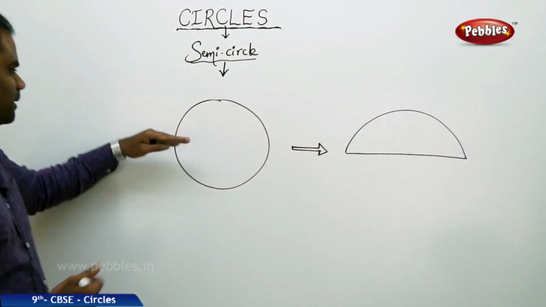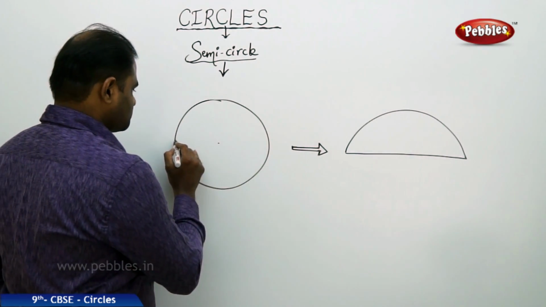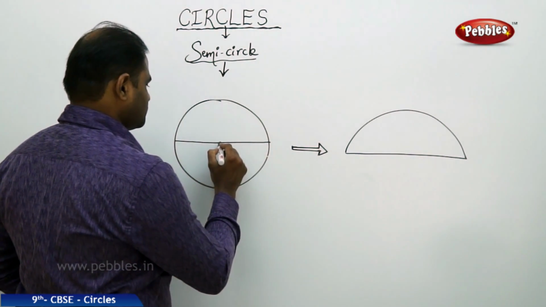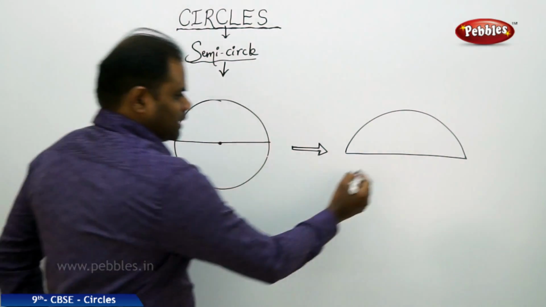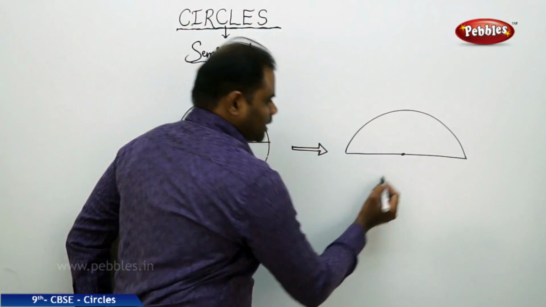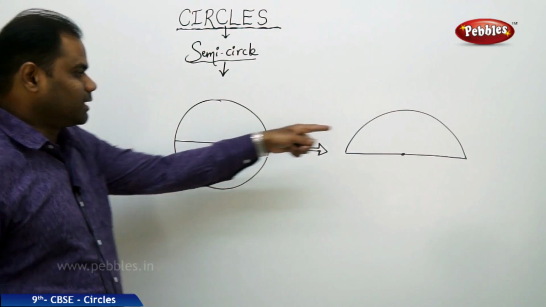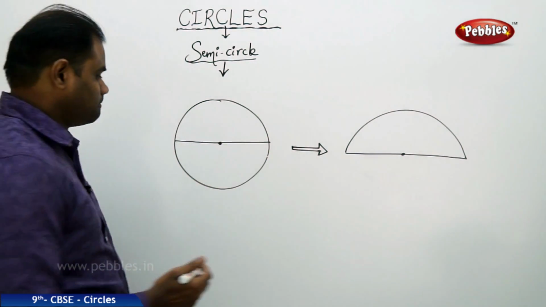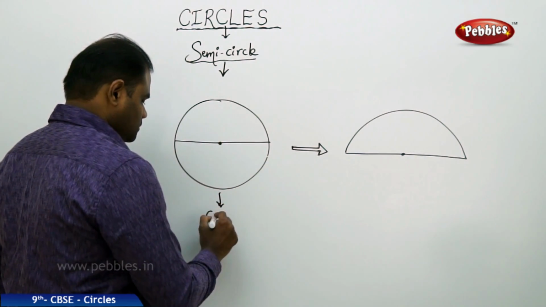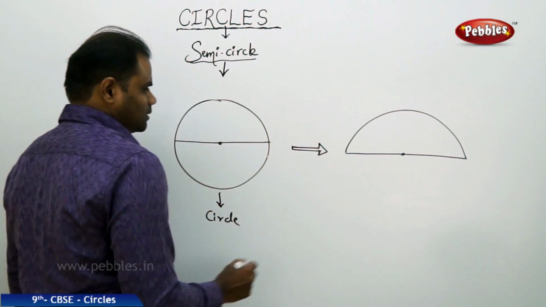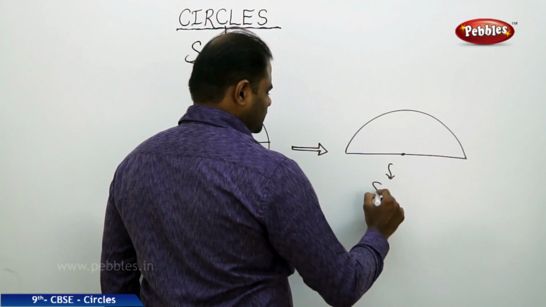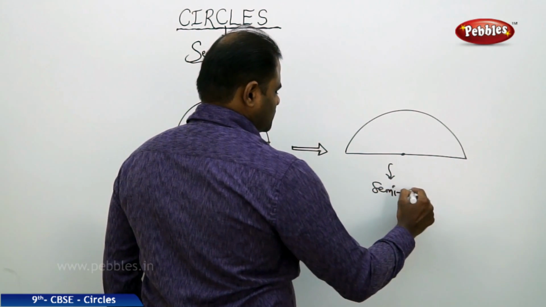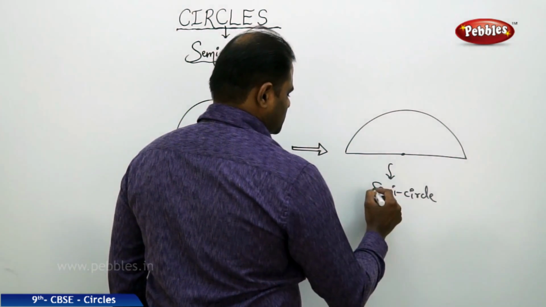So clearly, when I pass through the diameter, the center lies out here. If I cut the circle along the diameter, I get a semicircle, is how I understand the semicircle. So here, this is a circle and this is a semicircle.